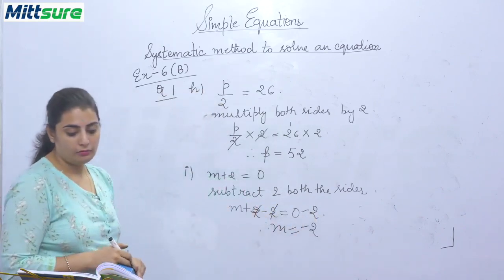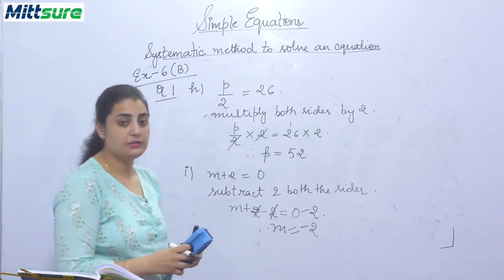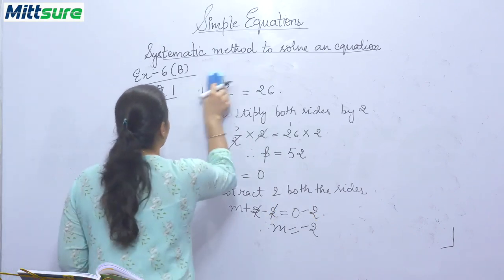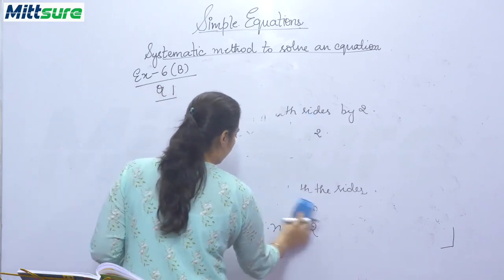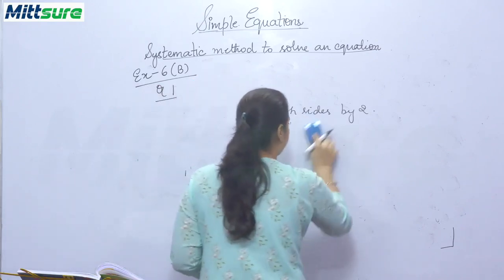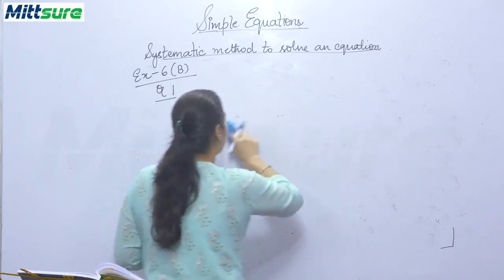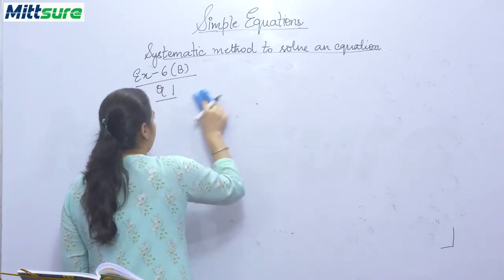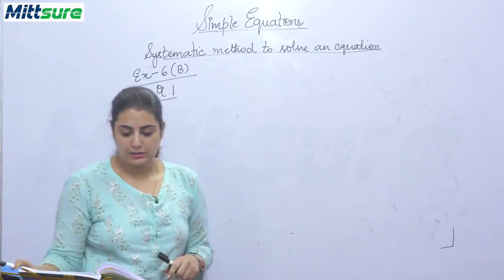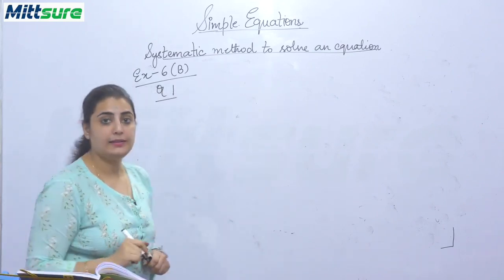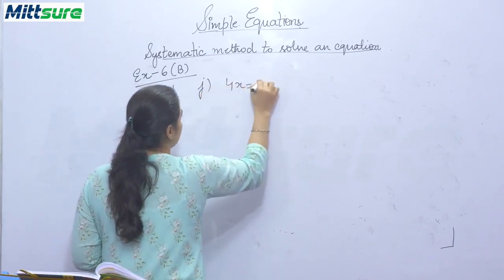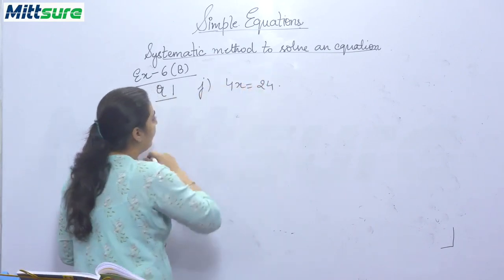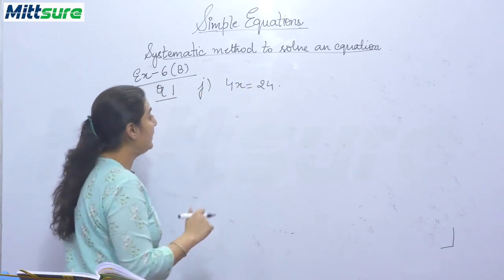Right? Now the next part, J part, is 4x equals to 24. Now, what is there?